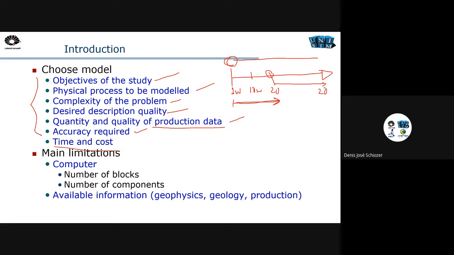A few years ago, it was almost impossible to do that, because normally we used to take like 3-4 months to build a reservoir simulation model. If after 1 year we want to change the reservoir simulation model, we would have to do everything again. It was almost impossible to do that.